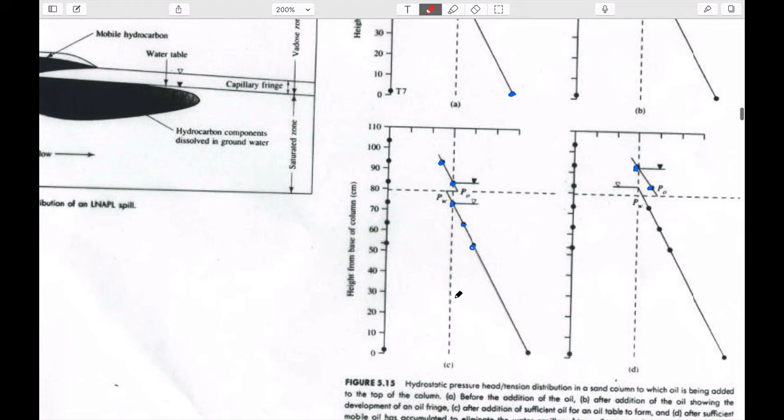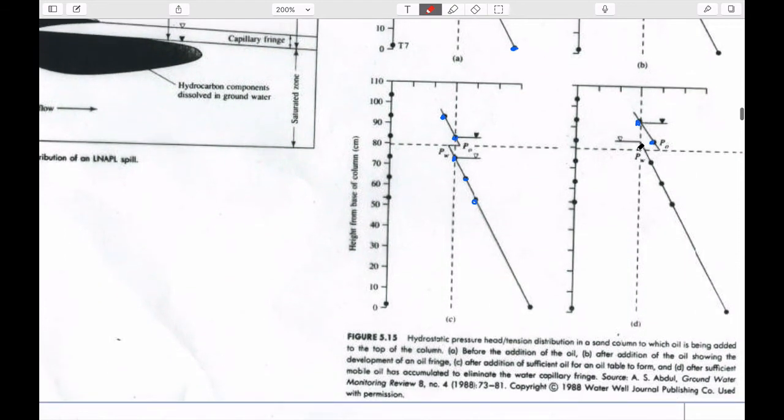As you keep on adding some more fluid to it, then you get these two distinct behaviors. One is that you have a portion which is saturated with oil. So again, this by definition is a water table. By definition, atmospheric pressure.